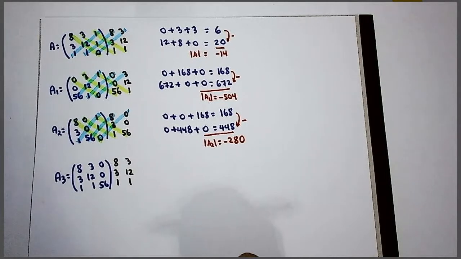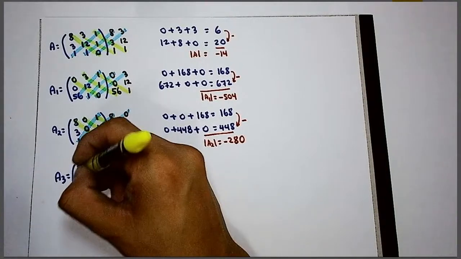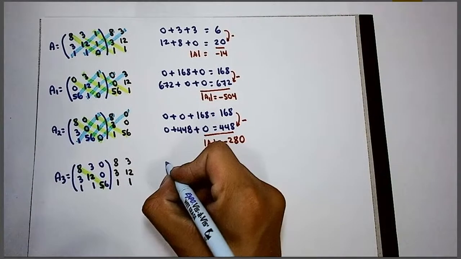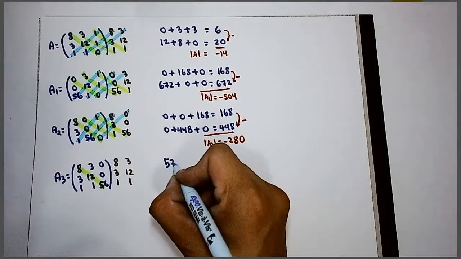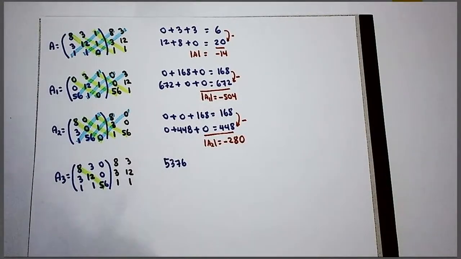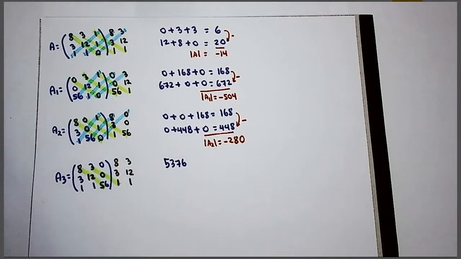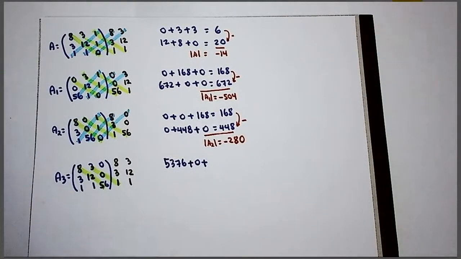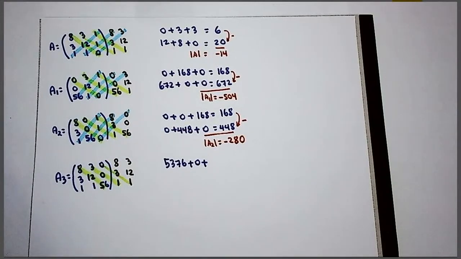Now let's go to A sub 3. 8 times 12 times 56 is equal to 5,376. 3 times 0 times 1 is 0, plus 0 times 3 times 1 is also 0.